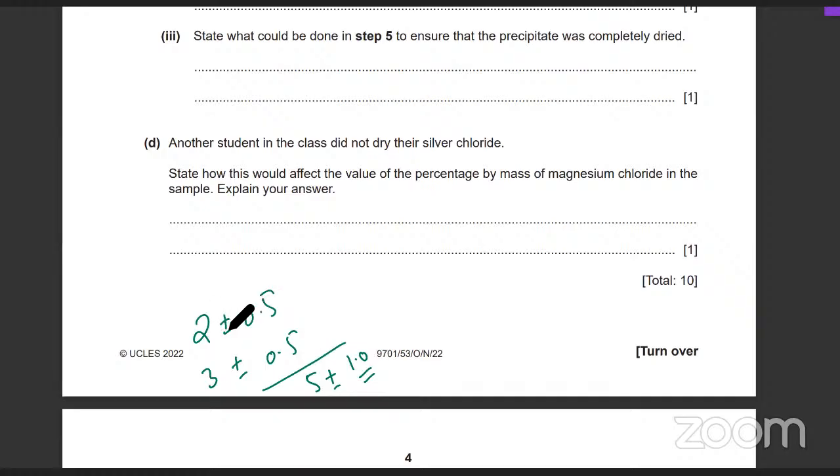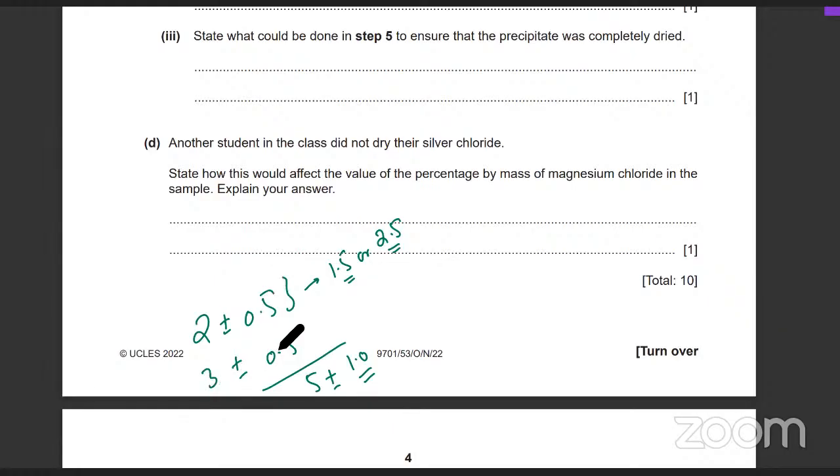This means you got a range, right? This value could actually be 1.5 or it could be 2.5. It could be anything in between them, right? When I say that it's 2 plus minus 0.5, that could mean anything between 1.5 to 2.5, based on the way it's written. Is this idea clear? Yes, sir.